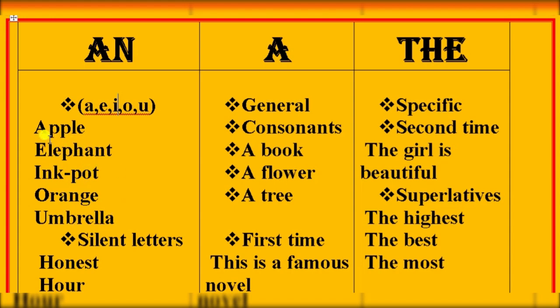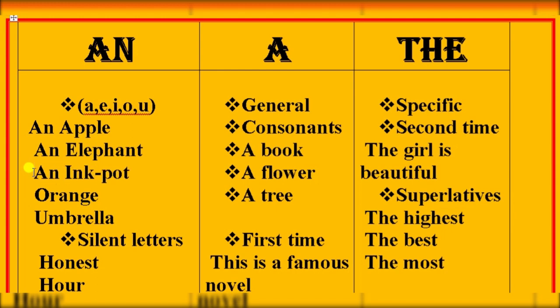These are all single nouns, right? So use an with single nouns. An apple. An elephant. An ink pot. An orange.